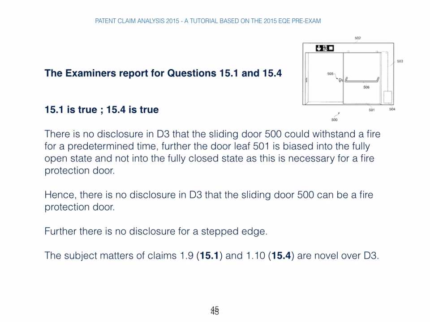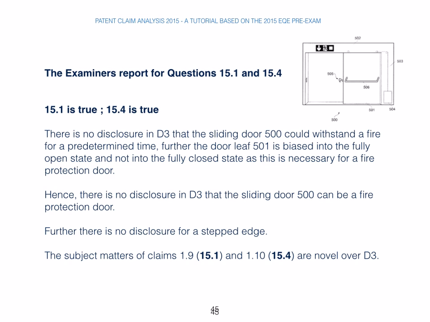On 15.1, the client's description says that door leaves for fire protection doors must withstand fire for a sufficient time, wherein the side facing away from the fire must not become too hot.